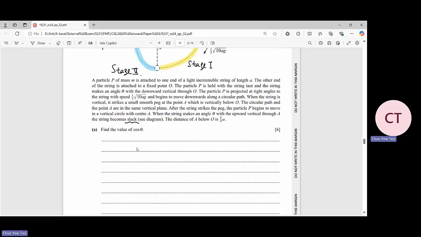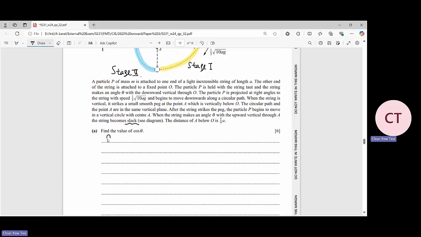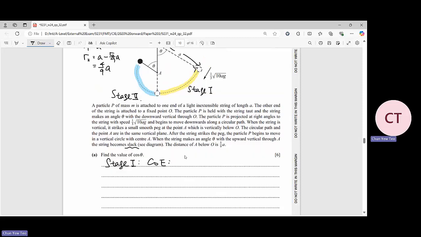Now, we are having stage 1. Just write down stage 1. Using conservation of energy, we have the GPE loss that will lead to the KE gain.